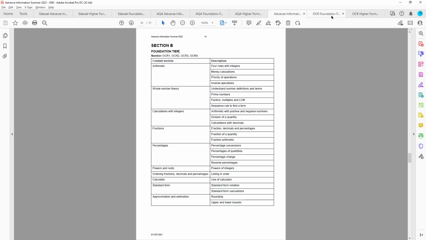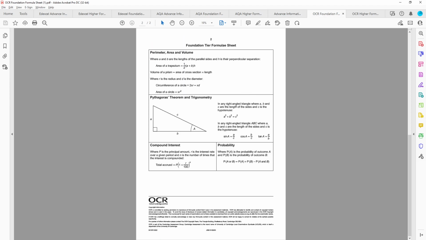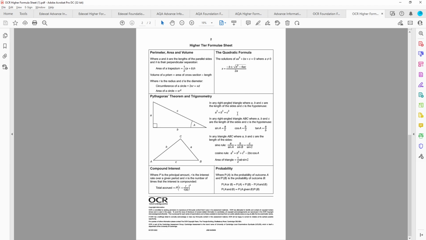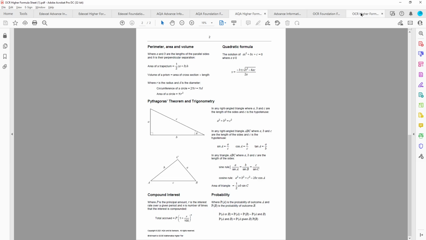So that is all the documents, and you can see the formula sheets for OCR are pretty much the same. There isn't really much of a difference in any of the formula sheets. The layout is slightly different maybe, but not much.